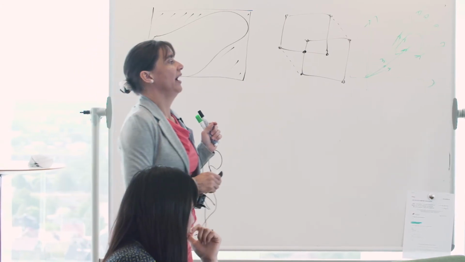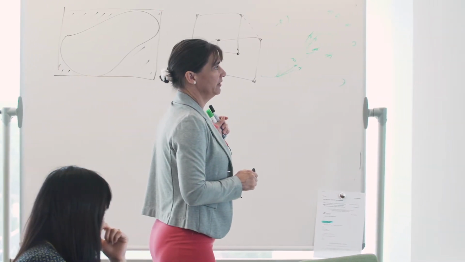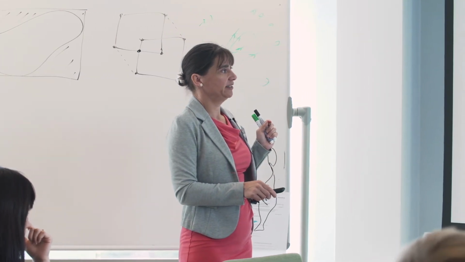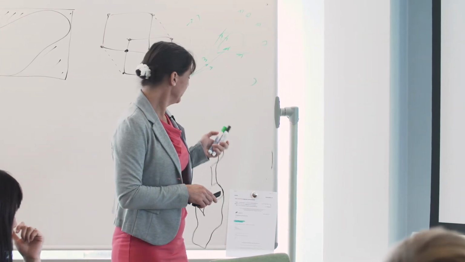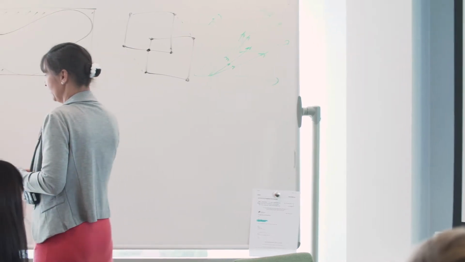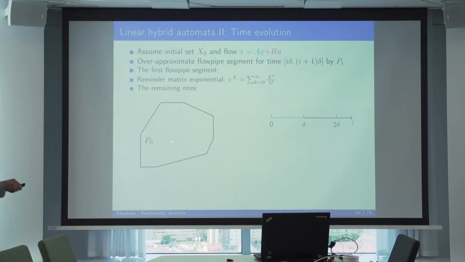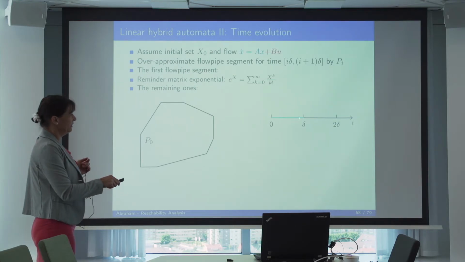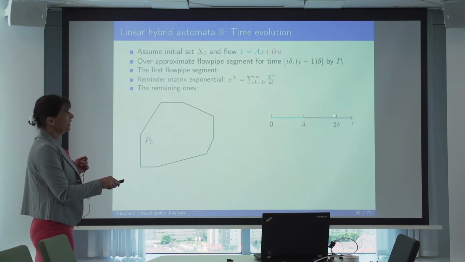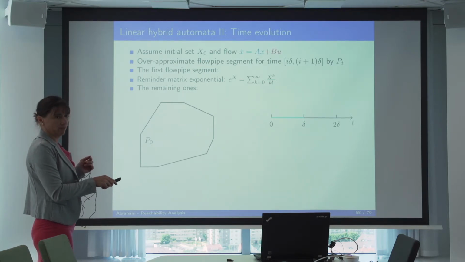And now I want to compute also the other sets, so now delta to 2 delta. And I told you that now we have an easier task. Why? Because if the first set already contains all of that, then each point here can be reached from here by exactly delta time.